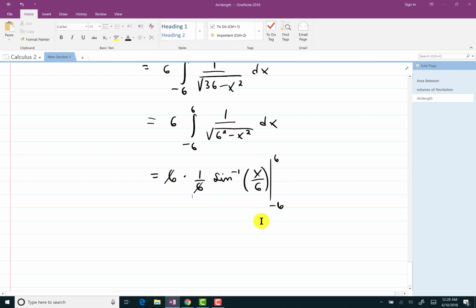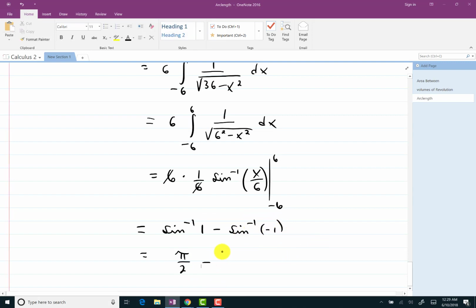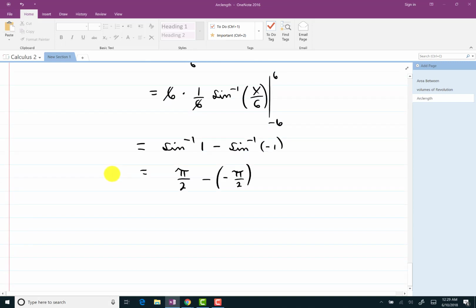Now let's plug in our 6's. Arcsine of 1 is pi over 2 minus arcsine of -1, that's -pi over 2, and this equals pi.